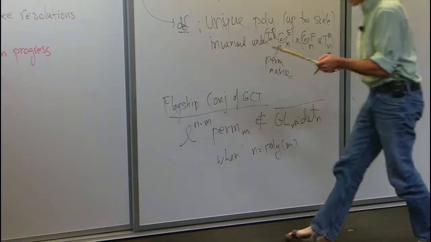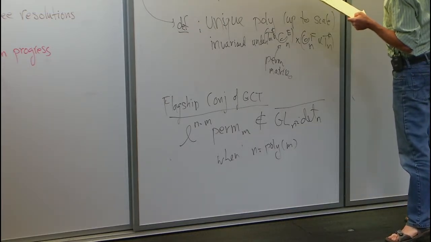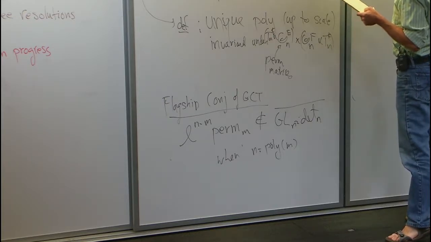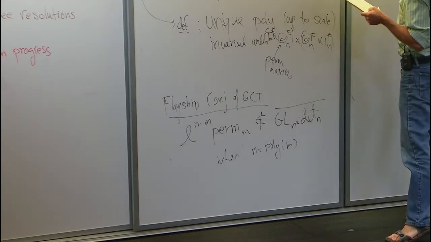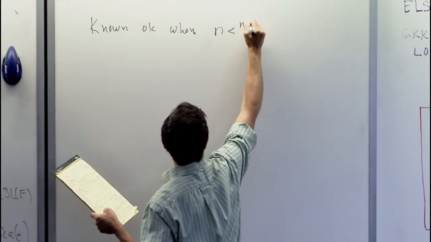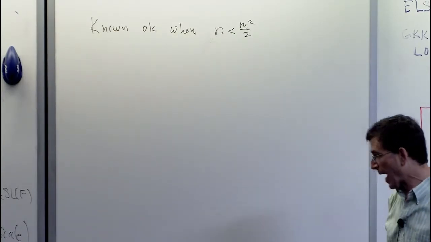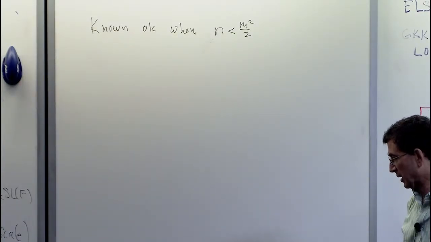So m is less than n in this talk. It's known when n is less than m squared over 2. So at least it's known for a quadratic polynomial with some constant.